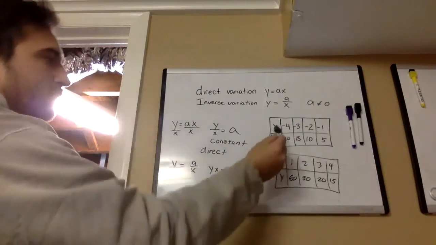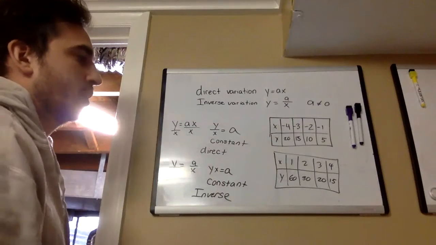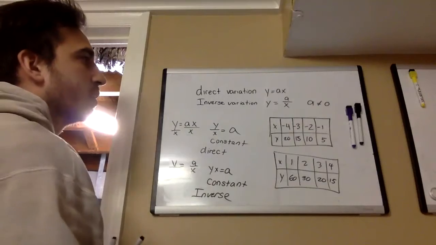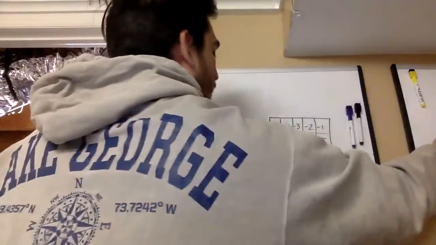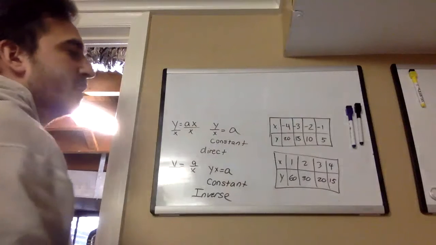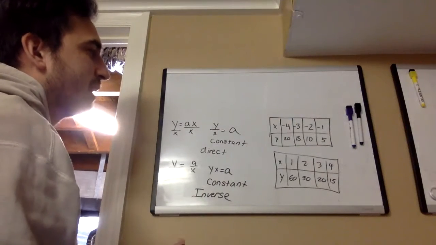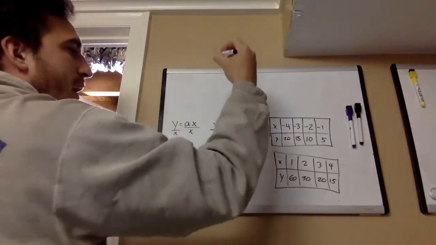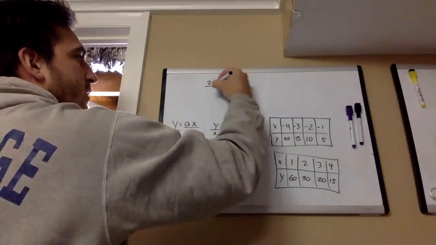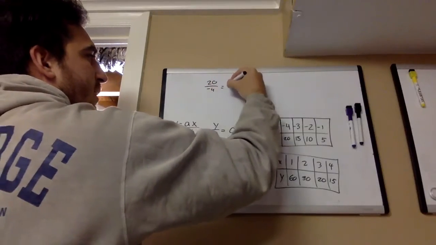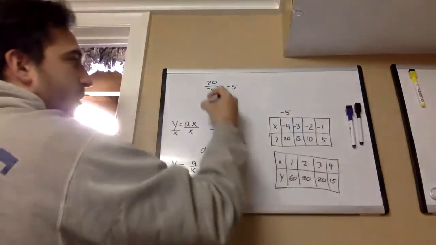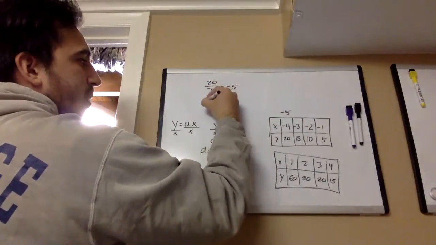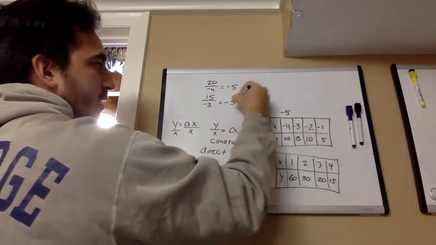So the first one I'm going to do is here. First I'm going to check to see if the table over here is direct or not. So I'm going to do y divided by x, so I get 20 divided by negative 4, that gives me negative 5. Then I'm going to do 15 divided by negative 3, that also gives me negative 5.